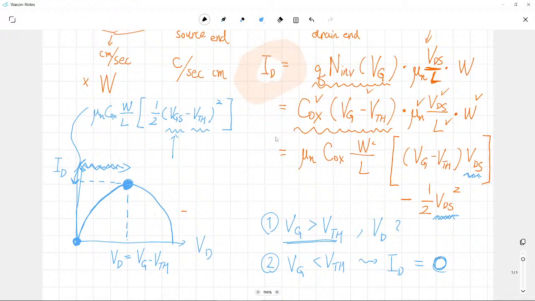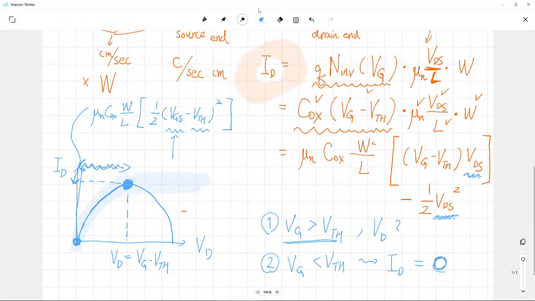Beyond this level, we have to introduce another expression, and the answer is amazingly simple. Up to here we just follow our beautiful expression, and beyond that, yes, this is just saturated.